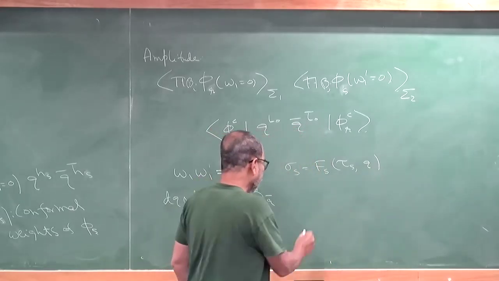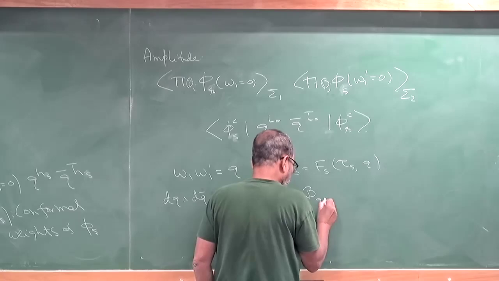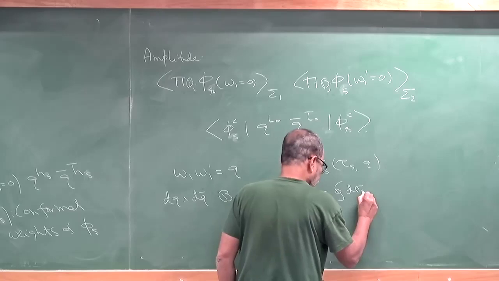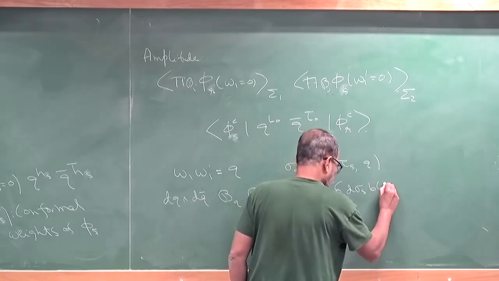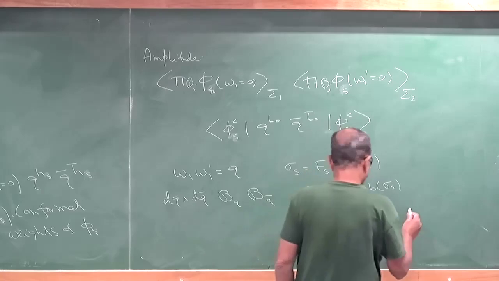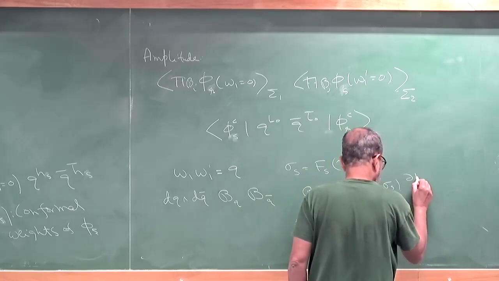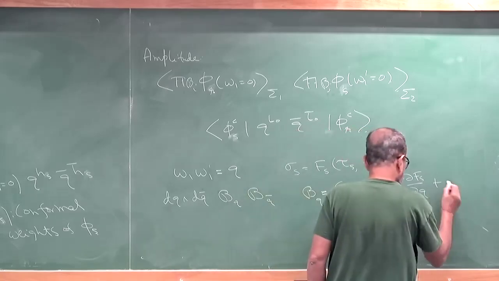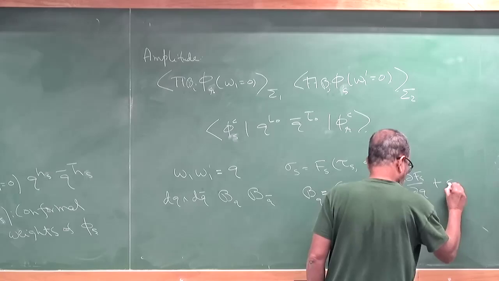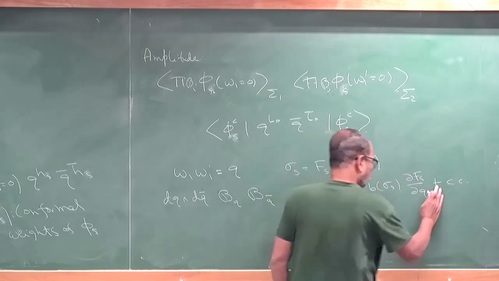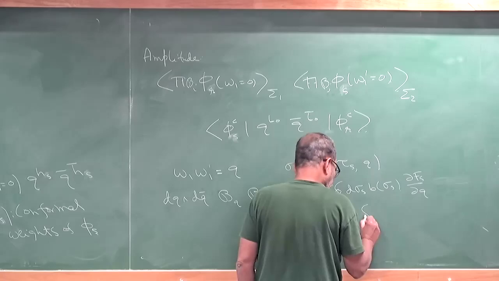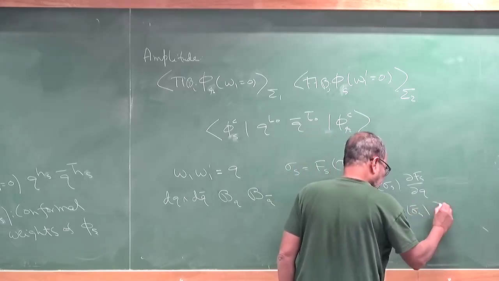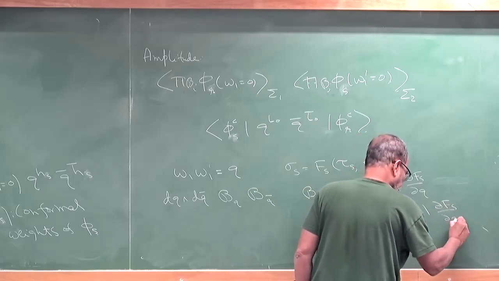So the integral, so the bq will be integral d sigma s, b sigma s, del fs, del q, plus the other one, the complex conjugate, plus integral d sigma s bar, b bar sigma s bar, del fs, del q bar.